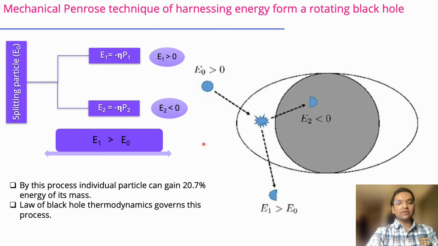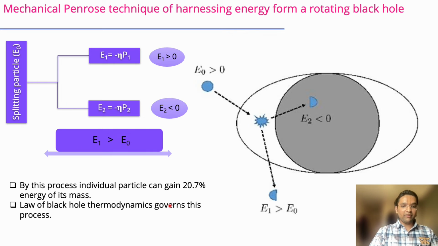It's important to note that in the mechanical Penrose process, particles travel along a geodesic, which preserves energy in terms of energy transmission to the splitting particle. The process results in a tiny drop in the black hole's angular momentum. The energy is extracted by converting the motion.